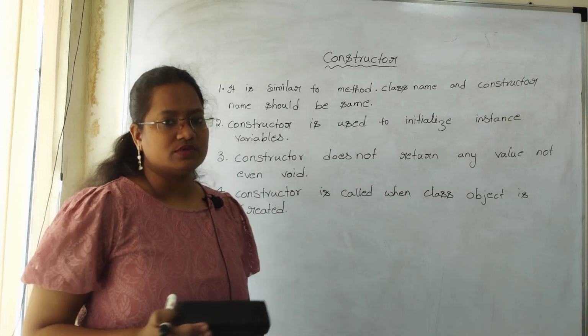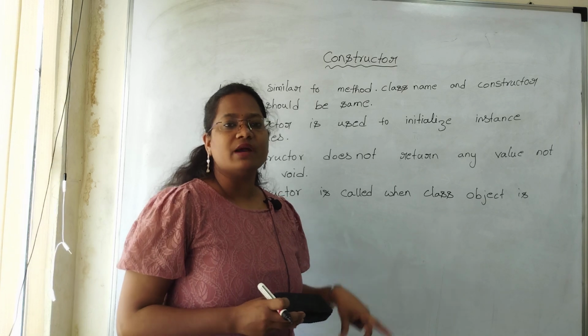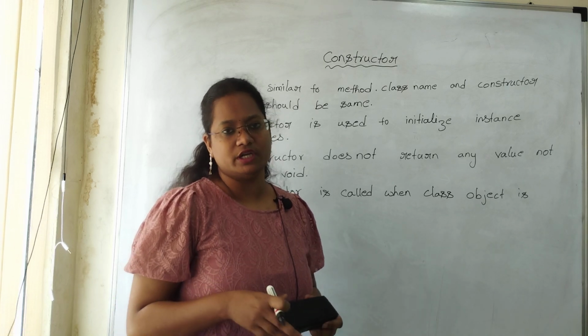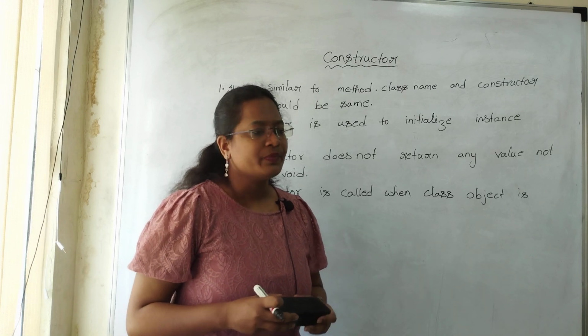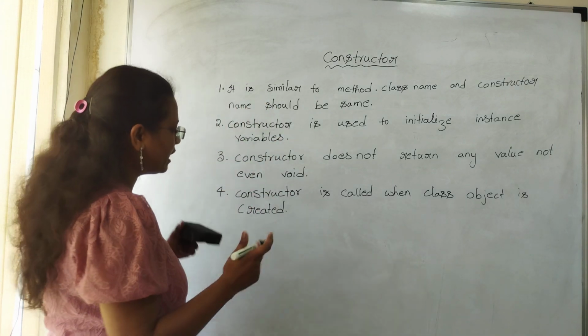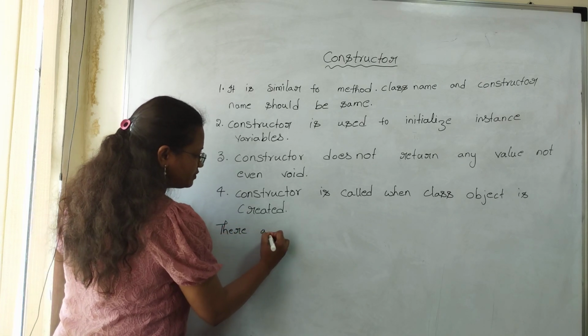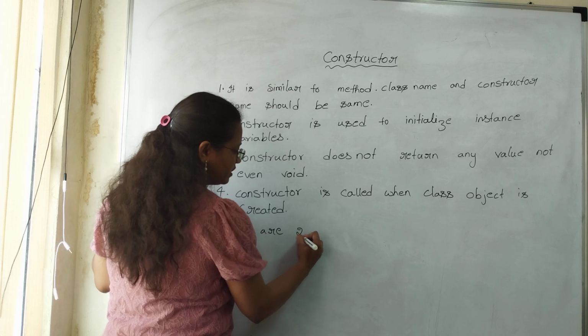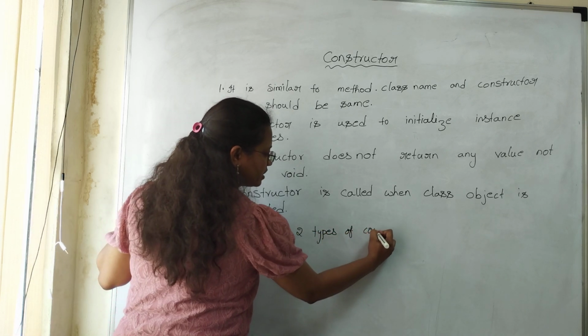Suppose you are not writing any constructor in the program, then the Java compiler internally takes the default constructor. Now we can see how many types of constructors we have. There are two types of constructors.